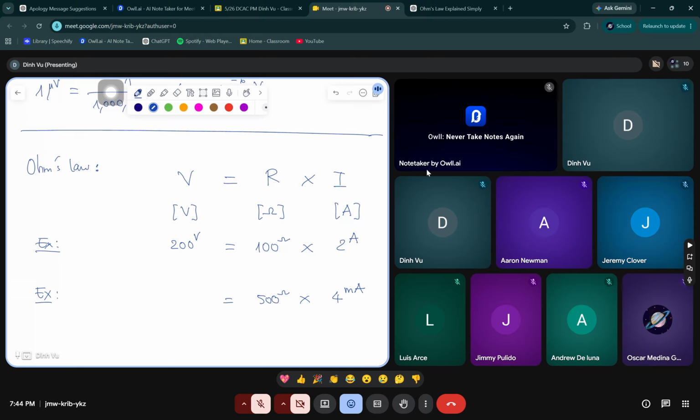So, R in ohms, current in milliamp. So, milliamp is 1,000 times smaller. So the voltage, instead of volt here, we have millivolts. Ohms multiplied by milliamp, you have millivolts.